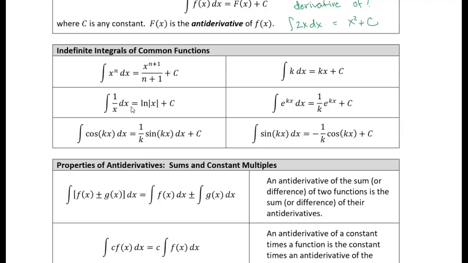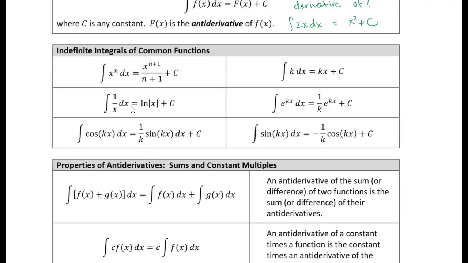And if you ever want to check your integral, take the derivative of your answer, and you should get the function that you integrated, right? So for example, if I take the derivative of 1 over k cosine of kx, then I should get the positive sine of kx.